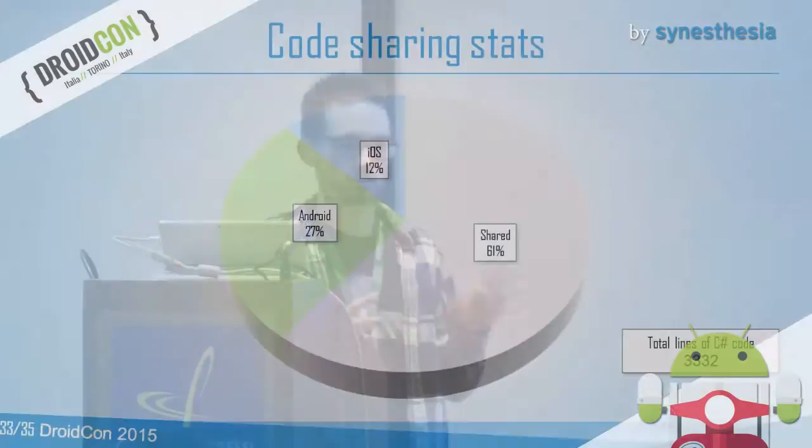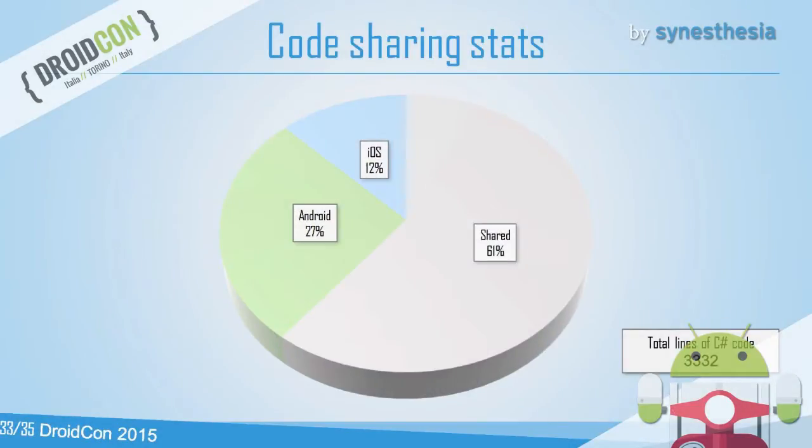So if you have lots of processing, data handling, or lots of API accesses, it's useful. You share a lot of code. If your application is, I don't know, a social network of some kind with lots of UI things, you don't share much. You have lots of code that targets the specific platform, so you don't get as much out of Xamarin. In this case, it looks like this: of 3,300 lines of code in C#, 61% are shared, 27% are for Android, and only 12% are for iOS.